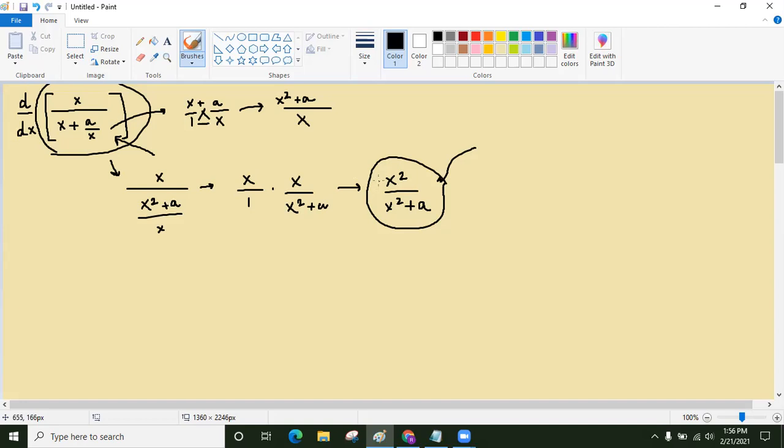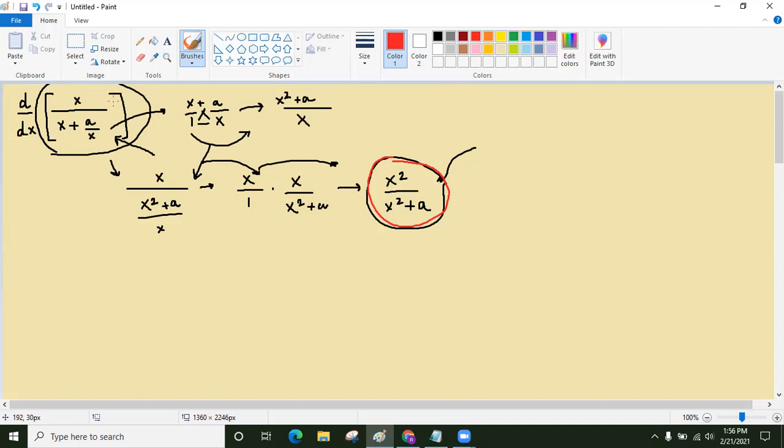One thing you have to remember is that in an exam setting, we could have made these logical deductions one after the other, but we could have gone straight to this point by multiplying the numerator and the denominator by x.